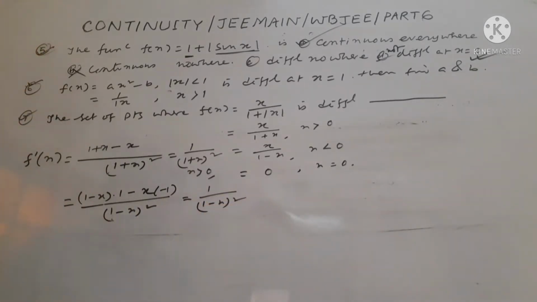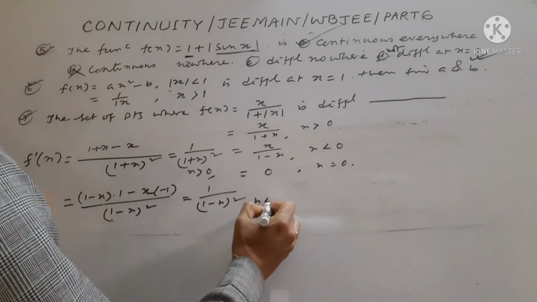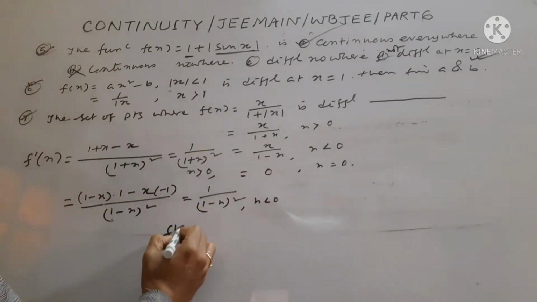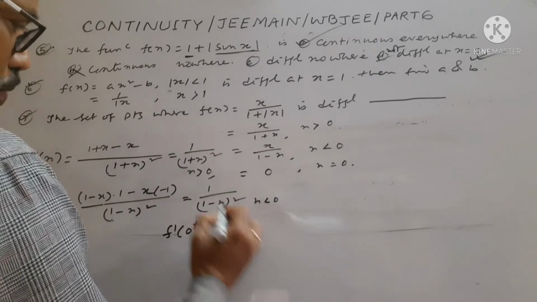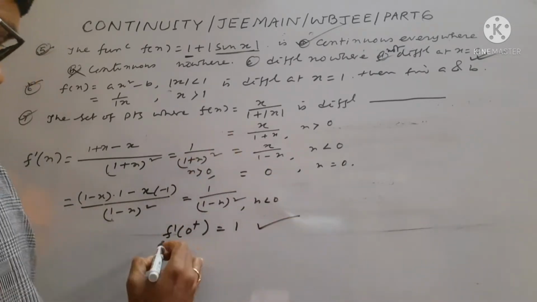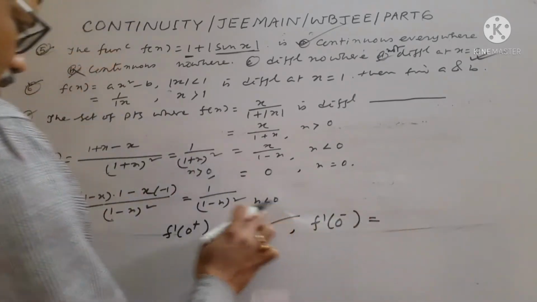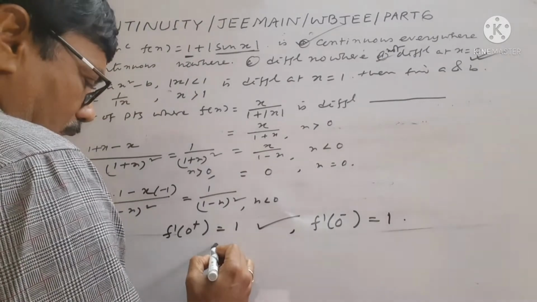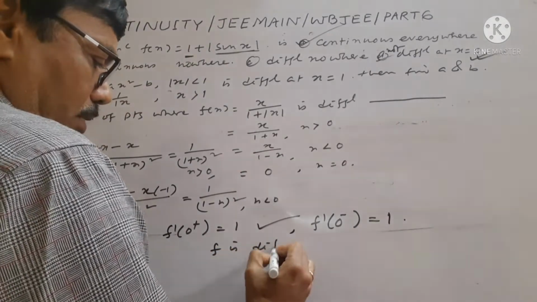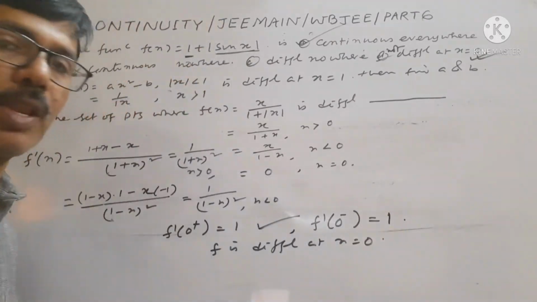So what is f dash 0? f dash 0 plus is 1 by (1 plus 0) whole square, and f dash 0 minus, for this restriction, is also 1. So f is differentiable at x equals 0.